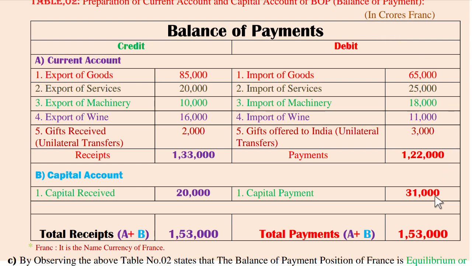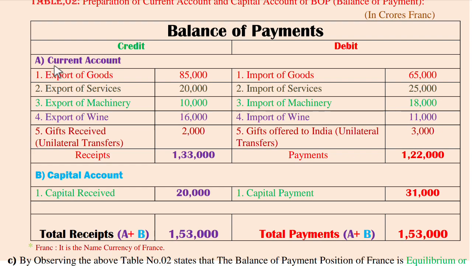This balance of payments measurement method is based on the double entry criteria. On the left side I put credits, and on the right side I put debits. In this single table I have inserted two accounts, that is current account and capital account.